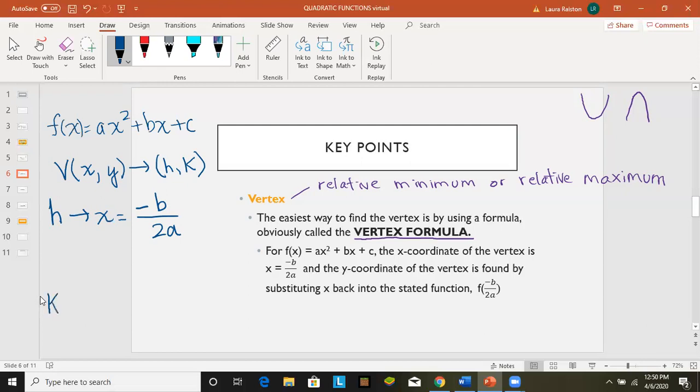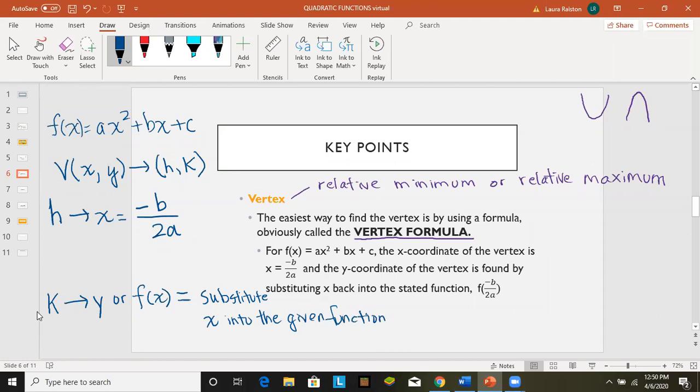To find the k coordinate of the vertex, which corresponds to the y, or f of x, remember y and f of x are interchangeable, you basically substitute the x value that you found into the given function and solve to find the y coordinate.